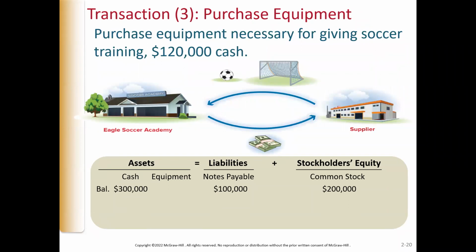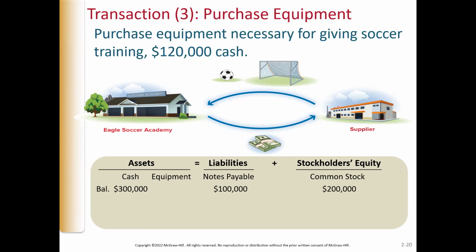Here's another one. We purchased equipment necessary for giving soccer training, $120,000 cash. When we purchase equipment using $120,000 cash, can you tell me something that happened in this transaction?